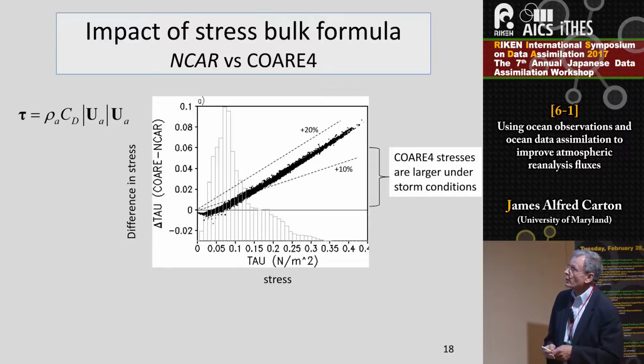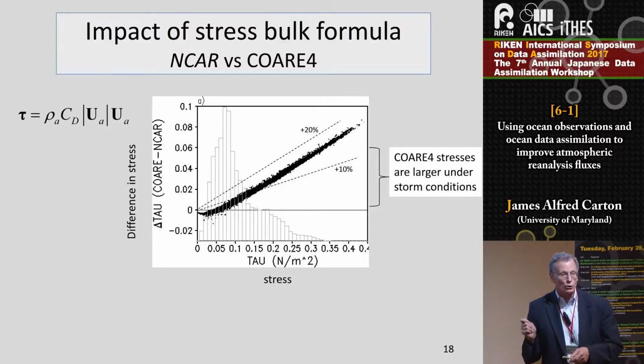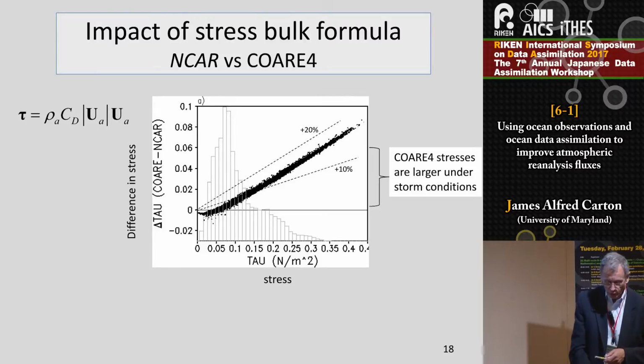In fact, if you compare the one we're currently using to what's considered the most modern version of these bulk formulas, Core 4, you'll notice that for the same, say, 10-meter wind speed, the stresses under storm conditions for Core 4 are 10 to 20% higher. So there's considerable change in the surface stress and similar changes in latent and sensible heat flux. All these things are quite sensitive to these bulk formulas.